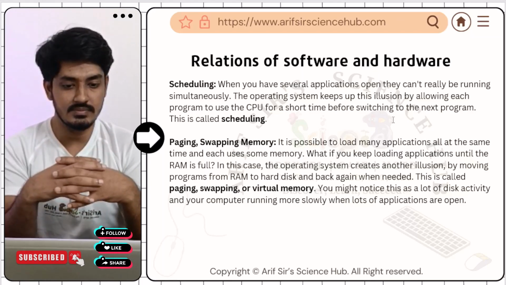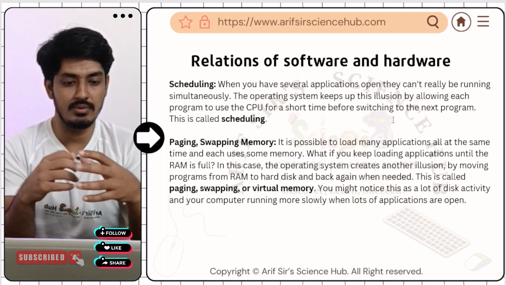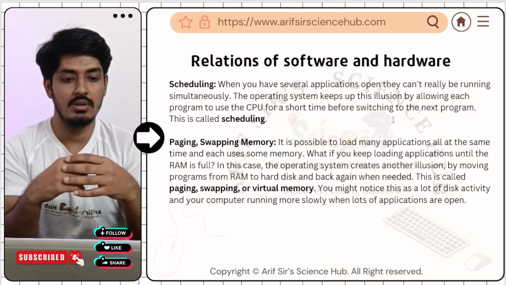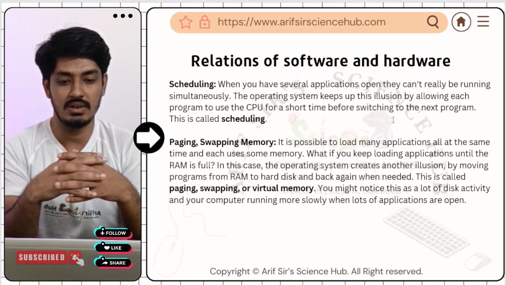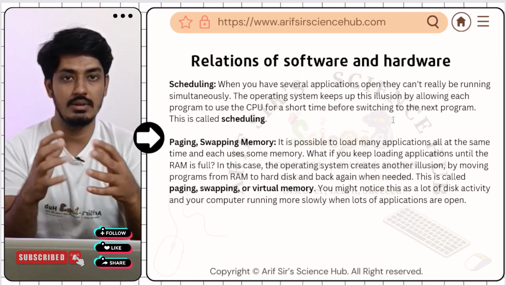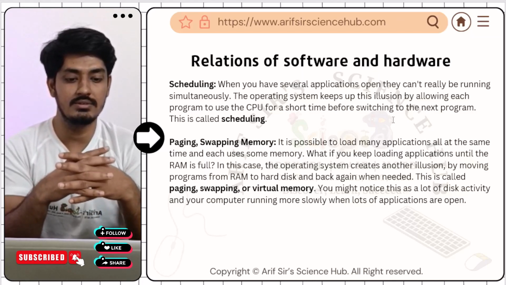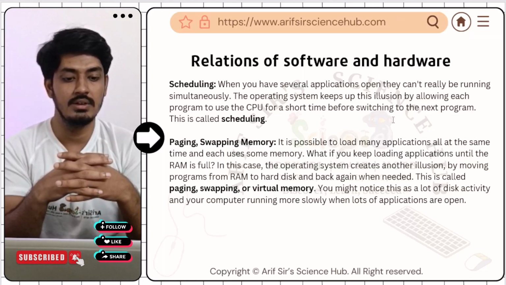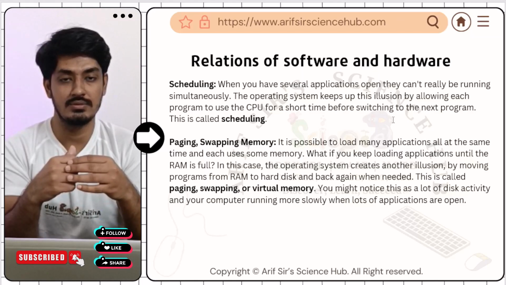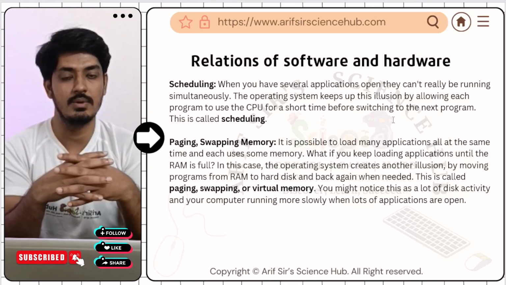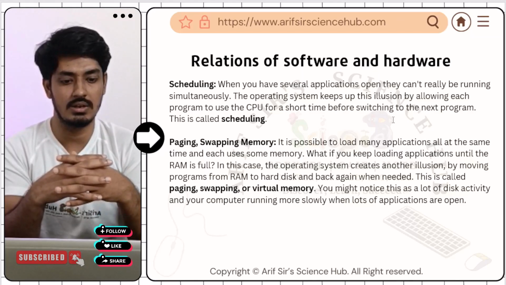Okay, so paging and swapping memory. It is possible to load many applications at the same time. Each application will use some memory. So what if you keep loading applications until the RAM is full? That means you just keep opening applications. It's not going to work like this.